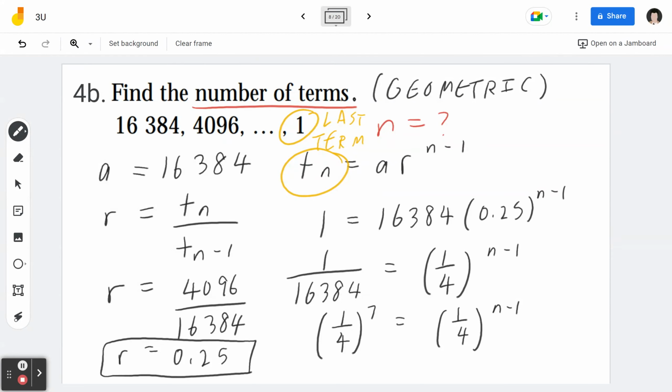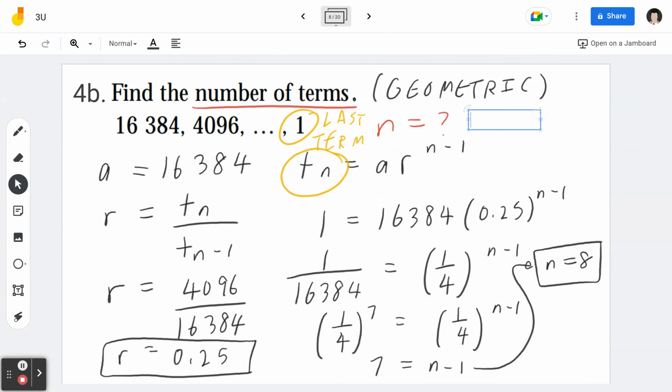So again, 1 to the power of 7 will give you 1. 4 to the power of 7 will give you 16,384. Now, when you have the same base, you can equate the exponents. 7 equals n minus 1. So n equals 8, which really means there are 8 terms. So again, let's grab a text box and add this in for you. Therefore, there are 8 terms. Put it right there for you.